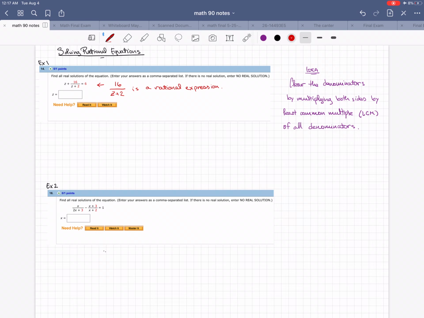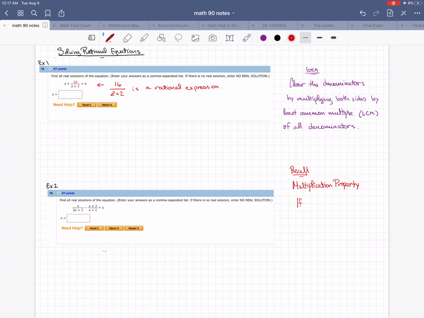So this is where I have to remind you of something that we actually talked about in our very first video. And that's the multiplication property of equality. The multiplication property of equality essentially says you can multiply both sides of an equation by anything you want except for 0.